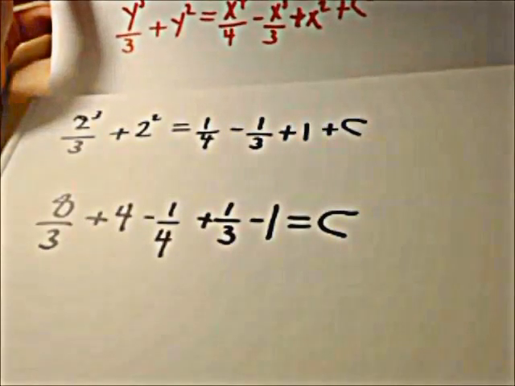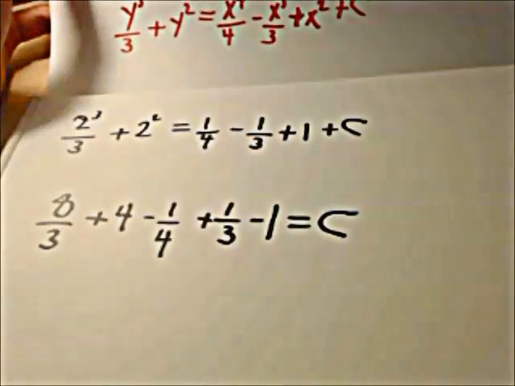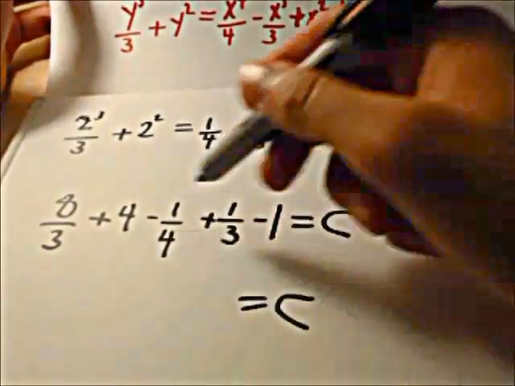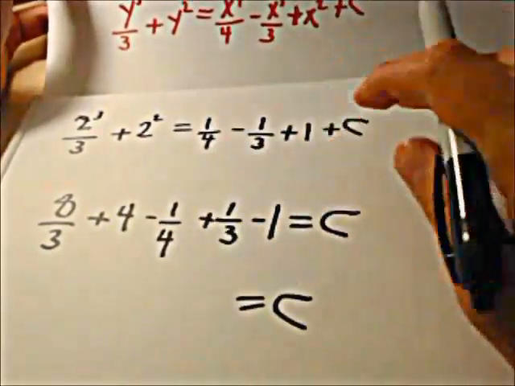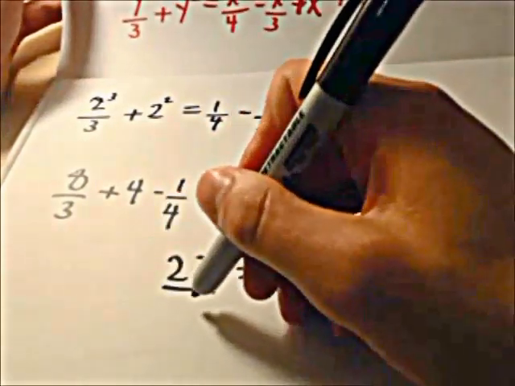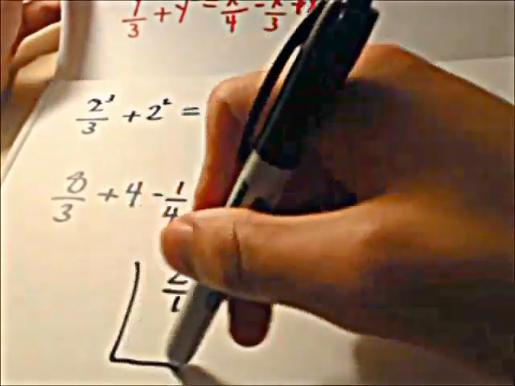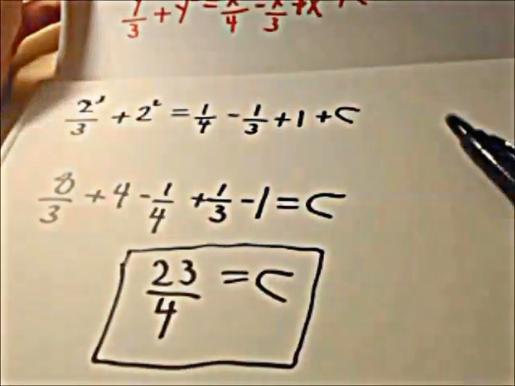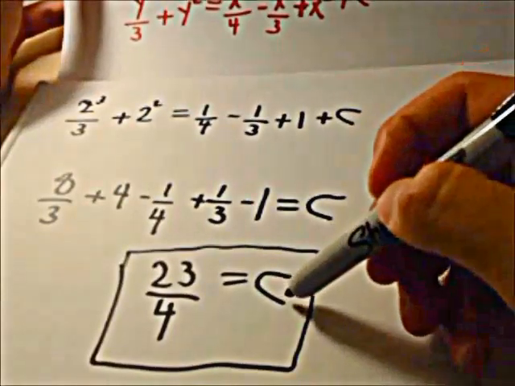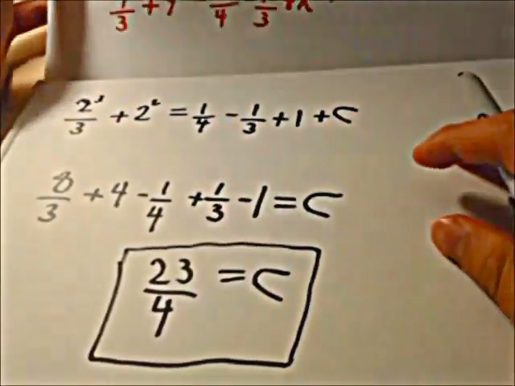And if you do that on the calculator, you get that c equals 23 over 4. So that's the solution, c is 23 over 4.